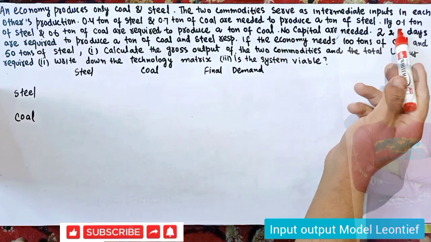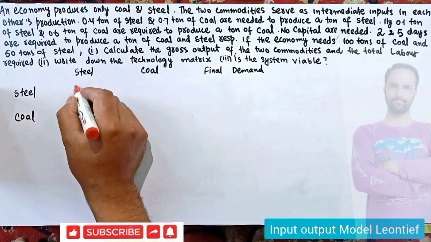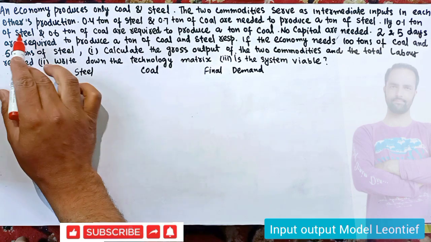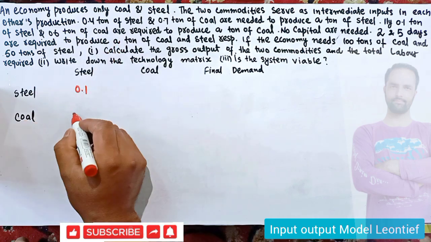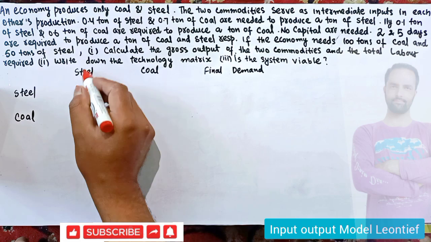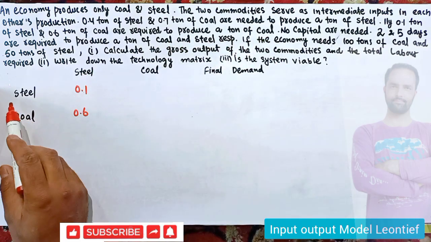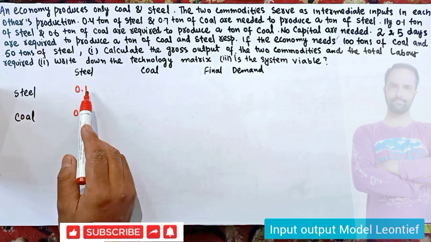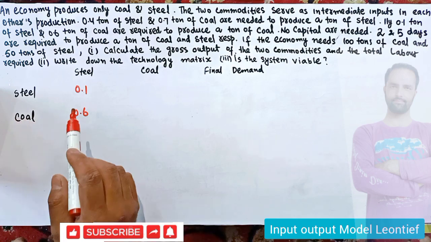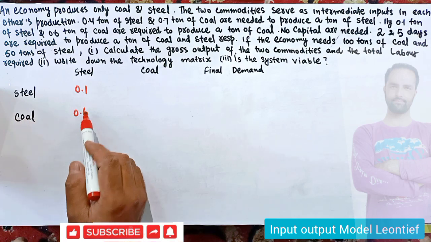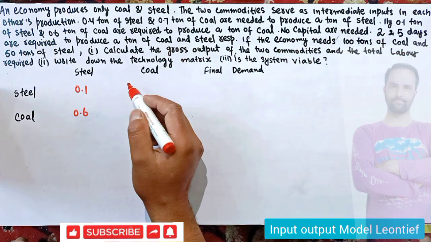We are being told that 0.1 ton of steel and 0.6 ton of coal are used to produce 1 ton of coal. That means the steel industry gives 0.1 ton of steel and the coal industry gives 0.6 ton of coal to produce 1 ton of coal.